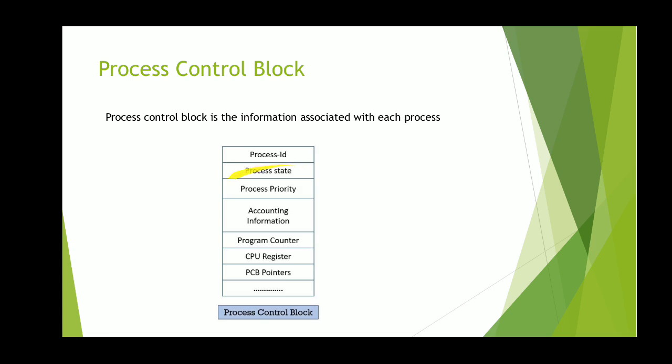And there is the process state, which contains the present state of the process, such as running state or ready state or waiting state, like that. And then there is process priority, and this process priority information is used by the scheduler for scheduling the process.